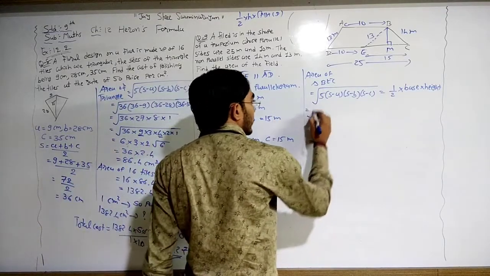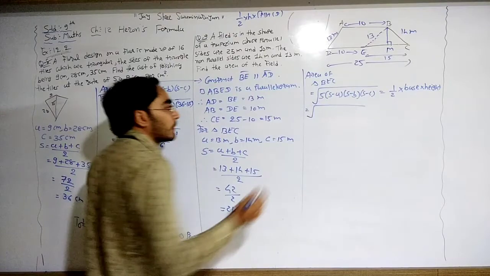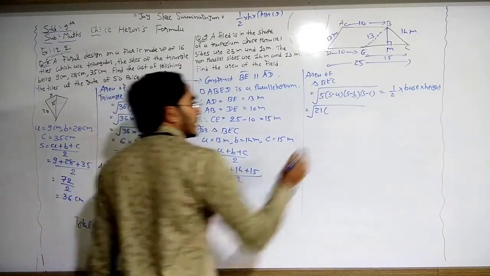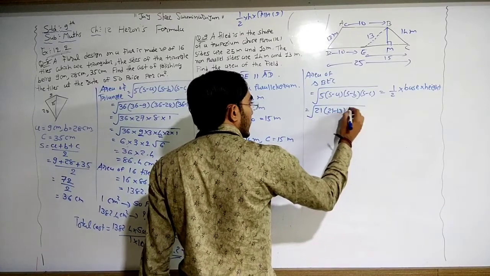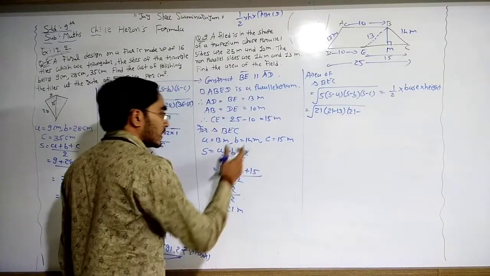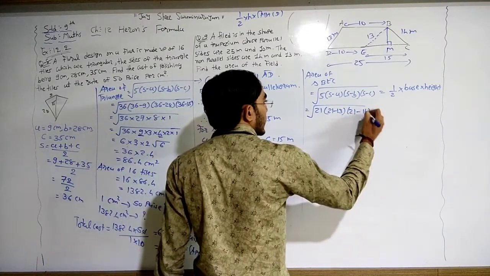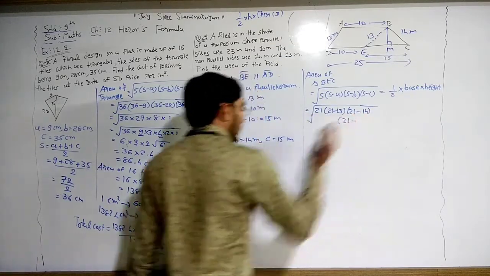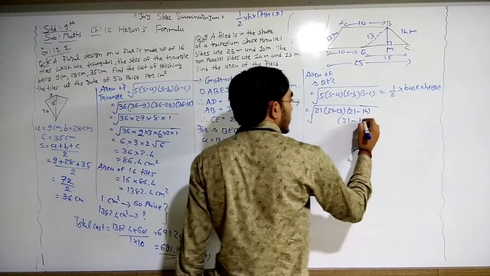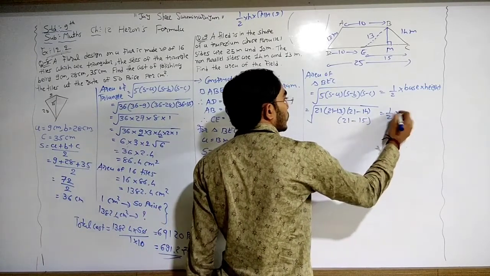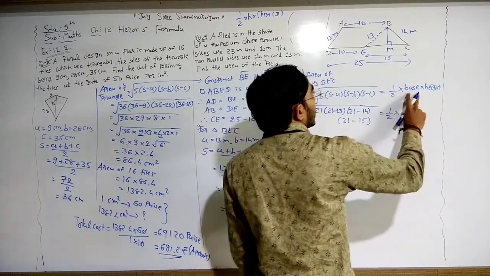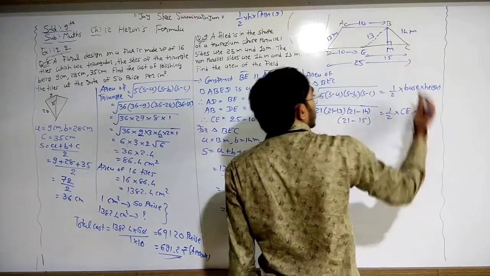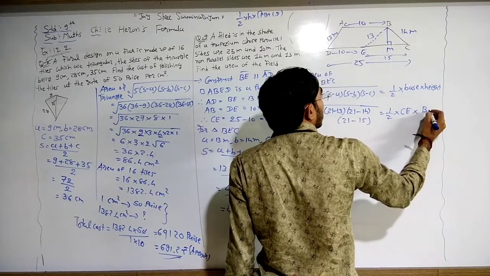Now S, the semi-perimeter, is 21. S minus A, 21 minus 13, is 8; 21 minus B, 14, is 7; and 21 minus C, it is 15, is 6. Now half into base CE and height BM, otherwise h.